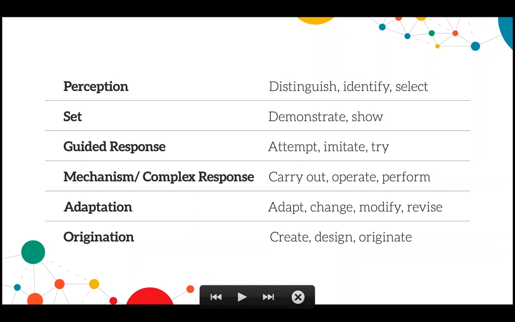As a lot of you know, because a lot of you might be practitioners in addition to being instructors, there are special situations going on with patients and customers. So can the student take what they know with the mechanism or complex response and adapt it, or build and make their own thing out of something based on that special circumstance that might happen? And so you have adapts, changes, creates, designs, originates.